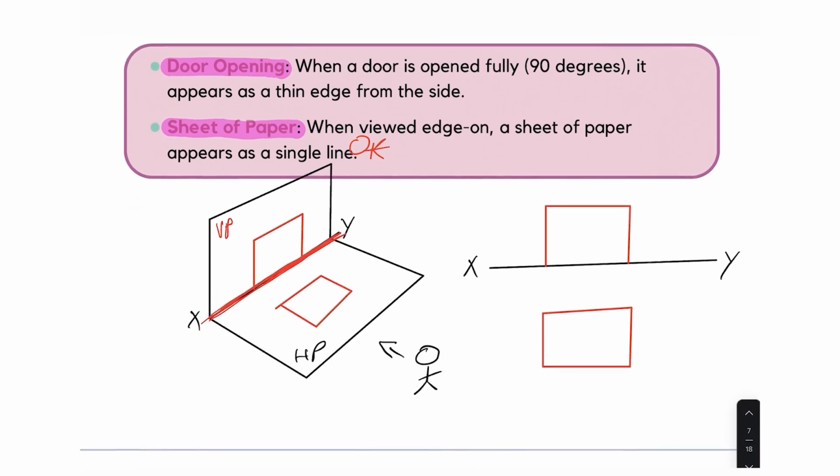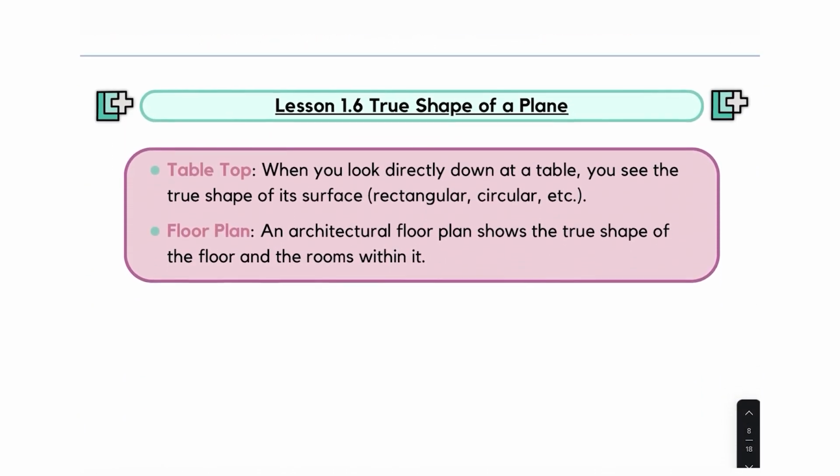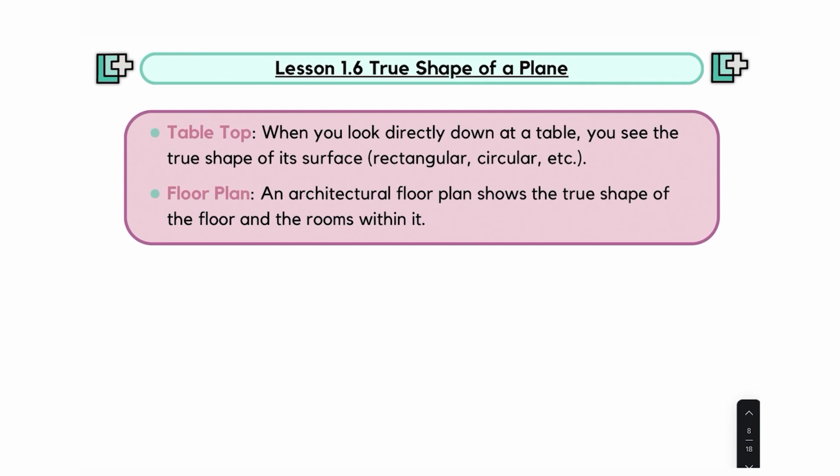So, the next geometric principle we'll explore in this video is the true shape of a plane. And this relates back to the first thing we looked at, which was point view of a line. Similar concept. So we'll take a tabletop, for example. When you look directly down on a table, you see the true shape of its surface, be it rectangular or circular.